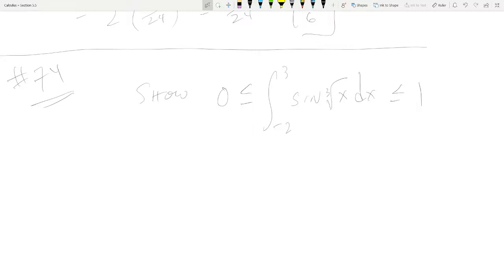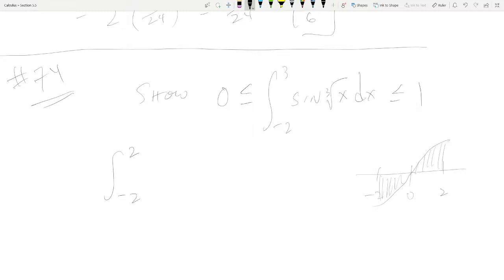All right, well, I remember when we were doing odd functions that if you had, say, -2 to 2, because on the number line you have the same distance, then odd functions have the same bit on the right as the left, except they have opposite signs, and so the net area is 0.